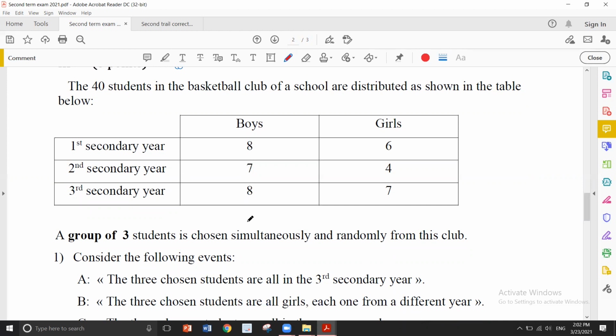The total here is 23. The total here is 17. The total here is 14. I sent you the correction. 11, 15, and the total is 40.